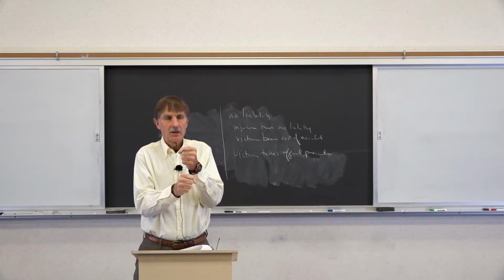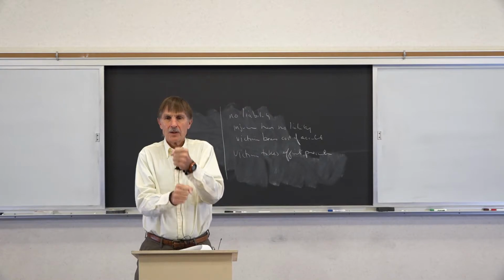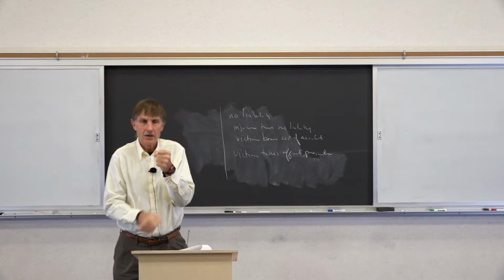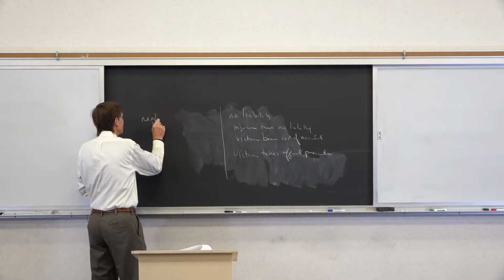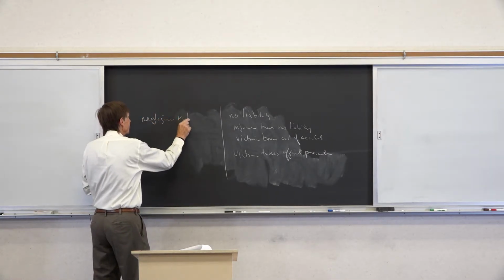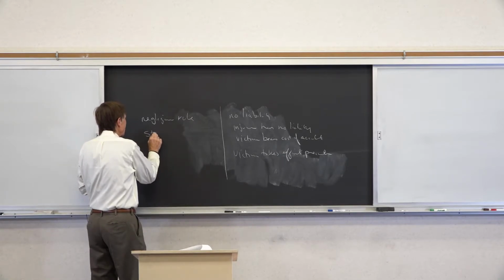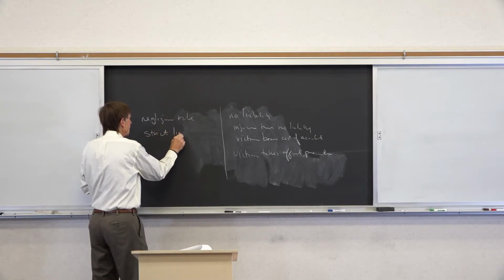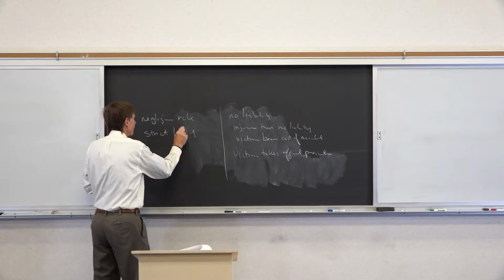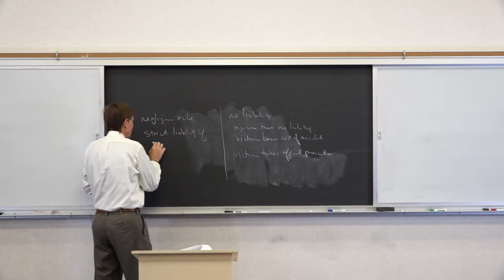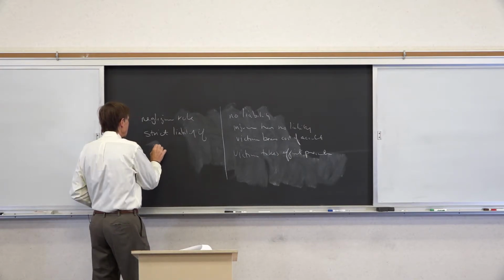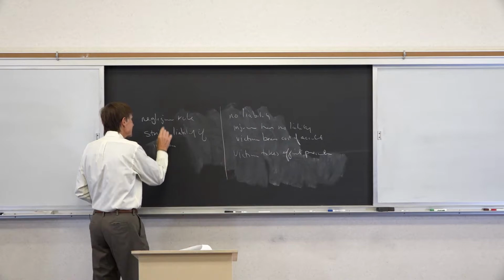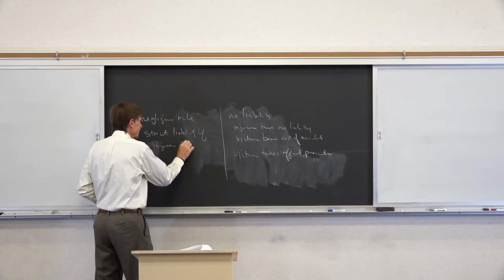The logic of this is that under a negligence rule, there's strict liability if the injurer is negligent, that is, fails to take efficient precaution.